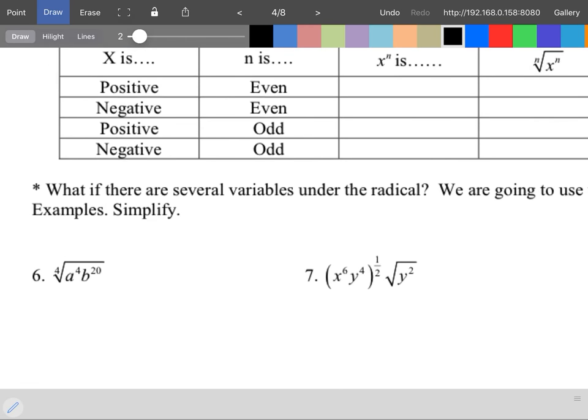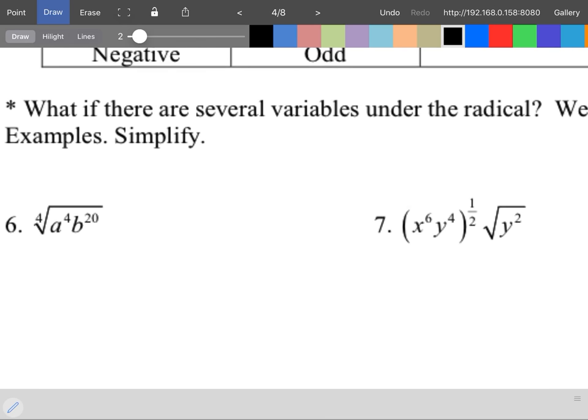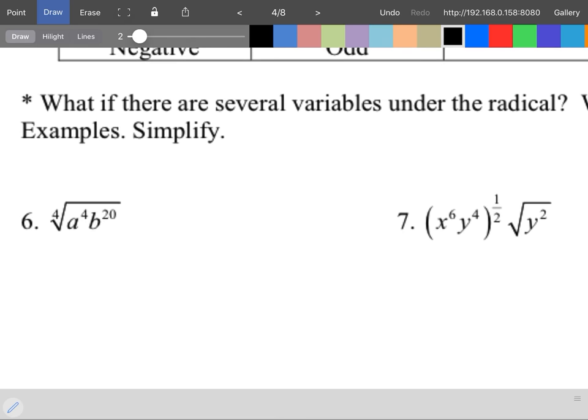So let's look at number 6. Okay, so number 6, I'm going to rewrite this with a fraction exponent.